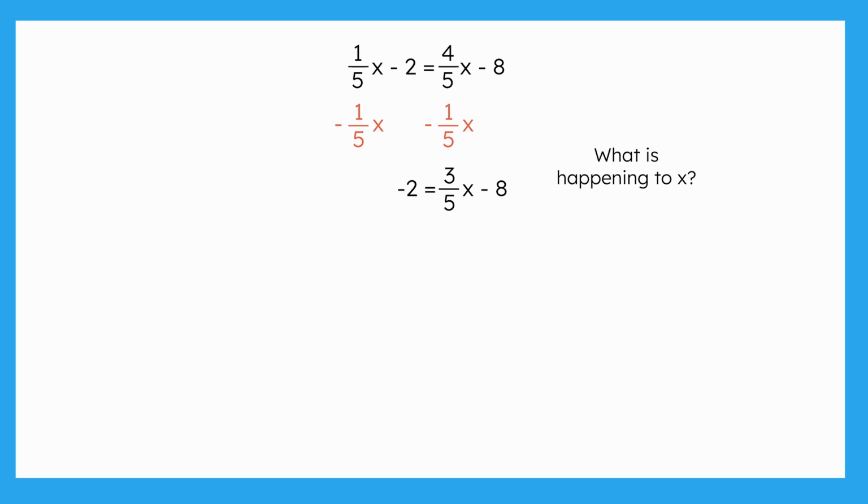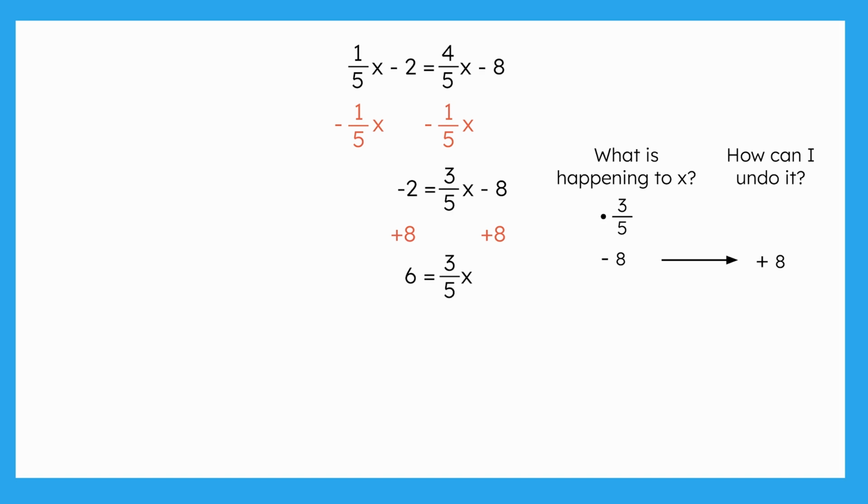It's first being multiplied by 3/5, and then it's being subtracted by 8. What step should we do first to undo these operations? We can add 8 to both sides to make our equation 6 equals 3/5 x.